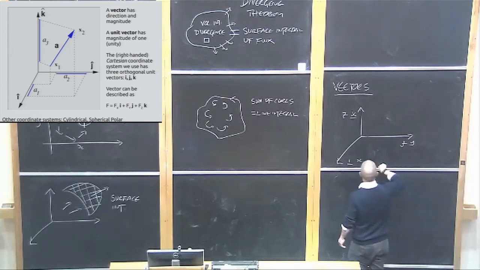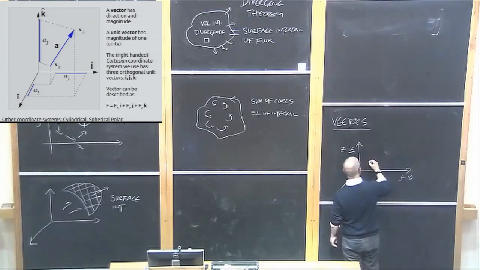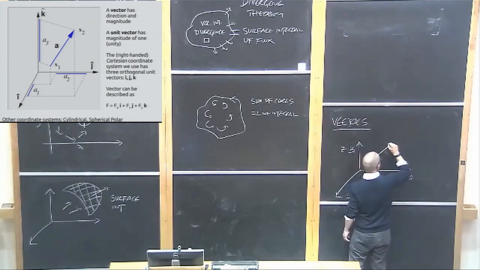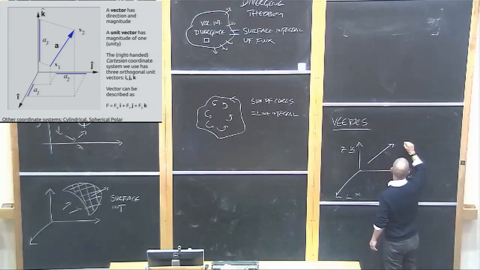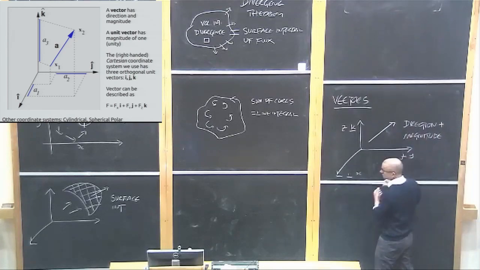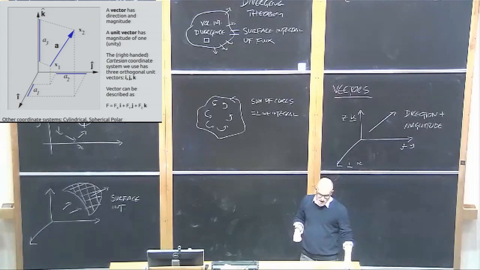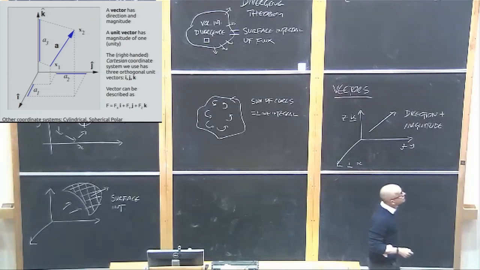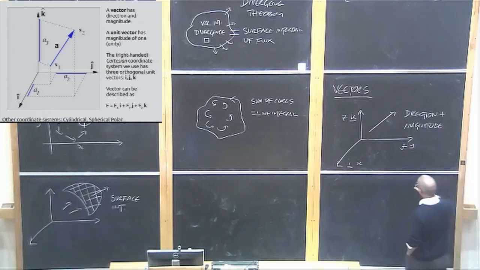Okay, so a vector, as you know, has a direction and a magnitude. A unit vector has a magnitude of 1, as you all know, and is represented by a hat.